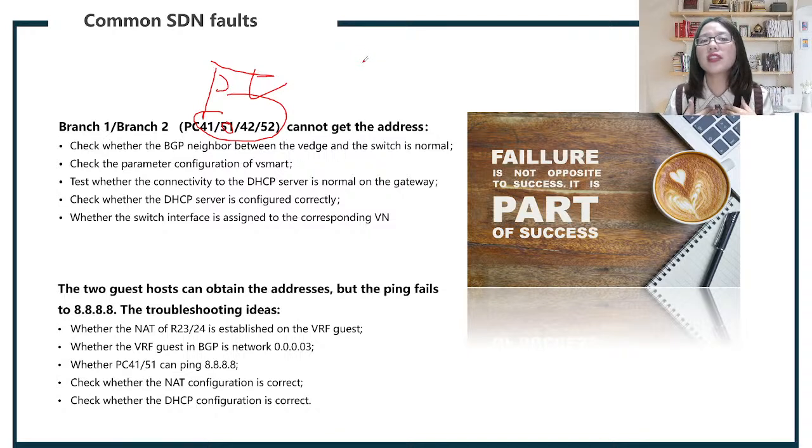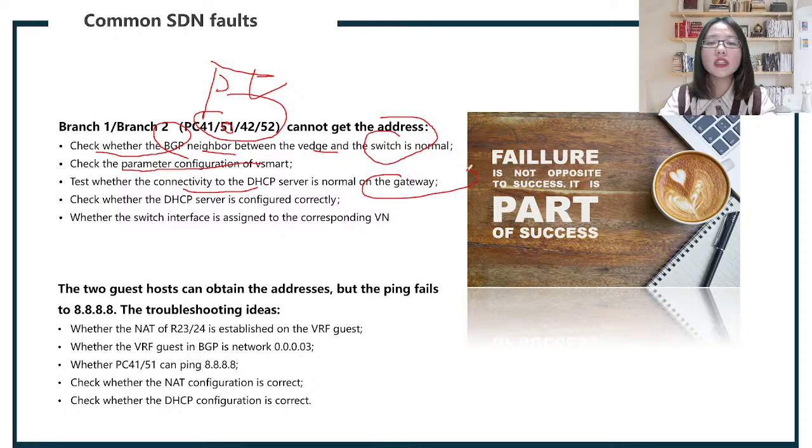So I have summarized several steps to help you troubleshoot. First, you should check whether the BGP neighbor between the VH and the switch is normal. Check the parameters configuration of vSmart. Test whether the connectivity to the DHCP server is normal on the gateway.